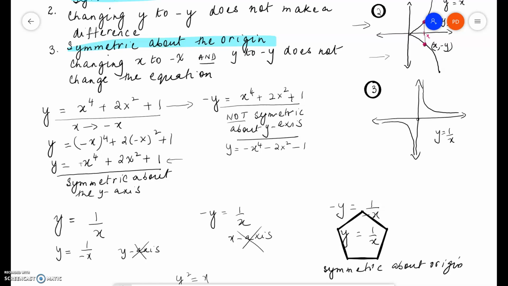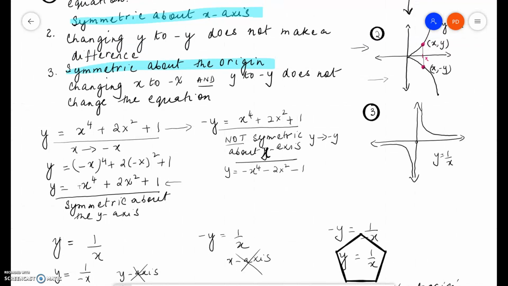And in this case, it is not symmetric about the x-axis. So what we did here was change y to negative y, and the graph changed, so therefore we can conclude that it is not symmetric about the x-axis.